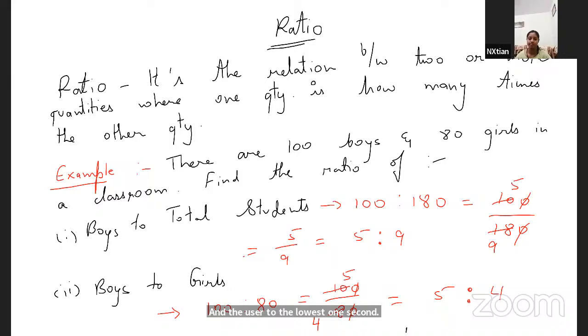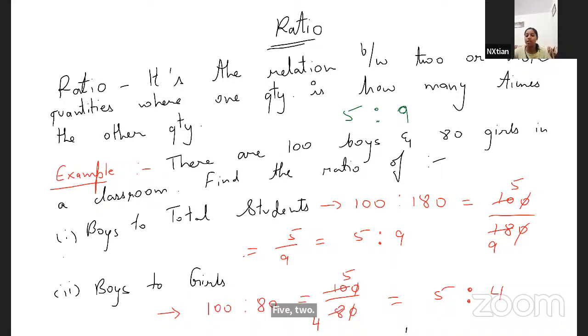Yes. Now see, ma'am. The left number of the ratio is called antecedent and the right number of the ratio is called consequent. Yes, that is right. Now there are two parts of this ratio. Let's pick the ratio 5:9, 5 to 9.